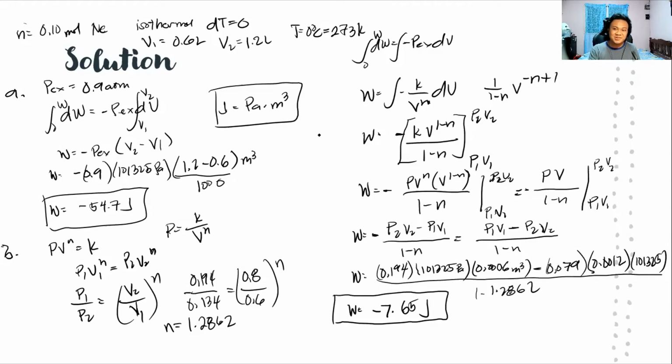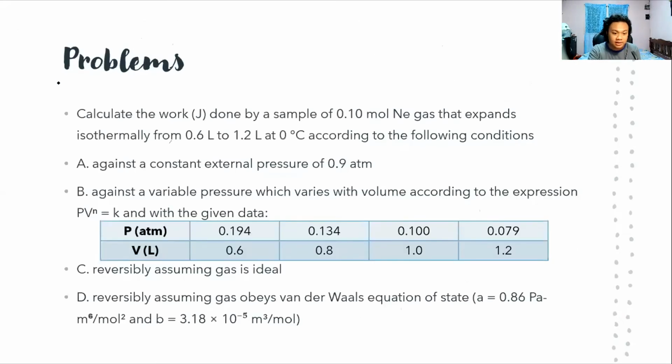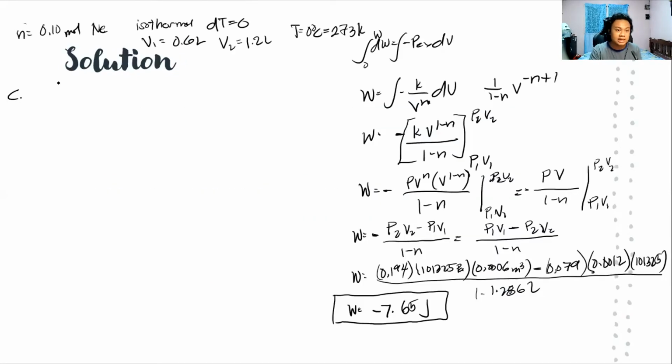Diba? And then let me erase all the ones so that we can solve for C and D. Okay, so now let's go for C. We are given that reversibly, assuming gas is ideal. So gas is ideal, meaning we are using the PV equals nRT. So I transform that because we are using it here, PX dV.